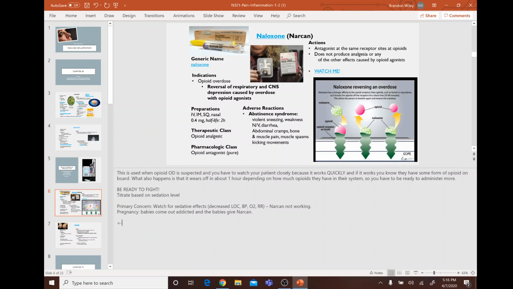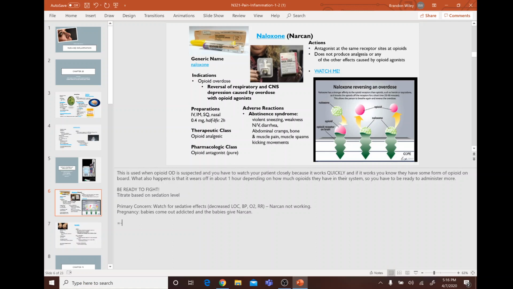What is the therapeutic class of naloxone? Opioid analgesic. What is the pharmacologic class of naloxone? Opioid antagonist, pure. What are some of the adverse reactions of naloxone? Abstinence syndrome.